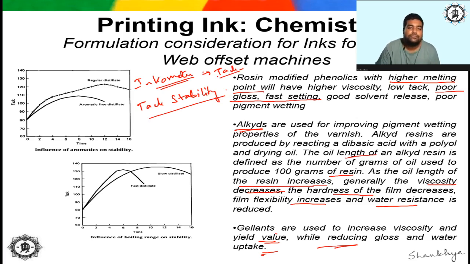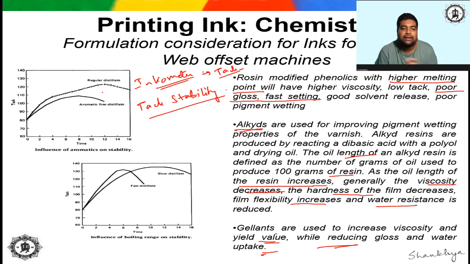I will show you examples also. So you see what is the effect of using a slow distillate. First let us talk about this a little bit. What is the effect on the tack of the ink when you are using an aromatic-free distillate and a regular distillate?